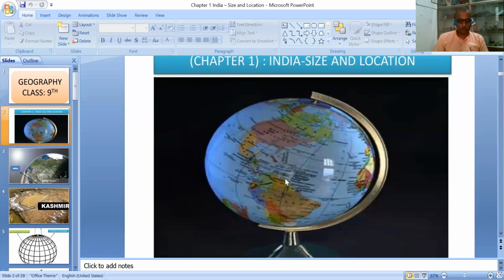So in this way, let us try to understand the globe first. All of you might have seen the globe. On the globe, you carefully observe the picture that I am going to show you all.